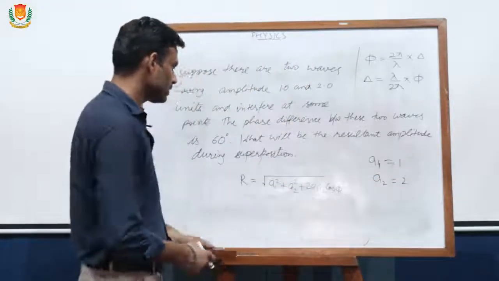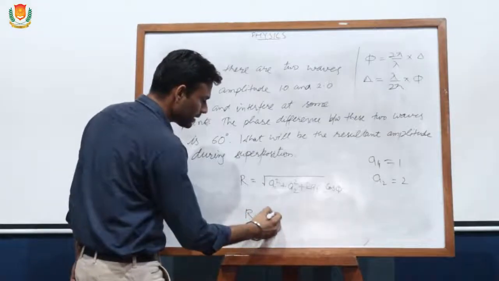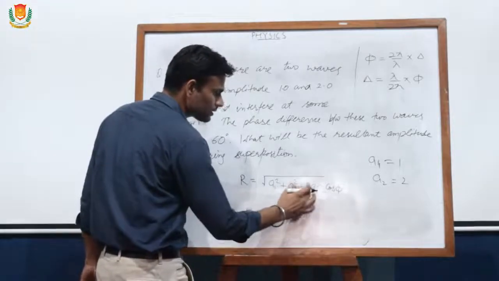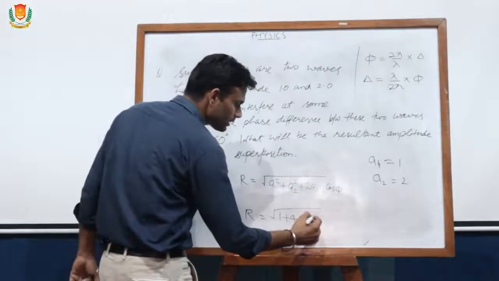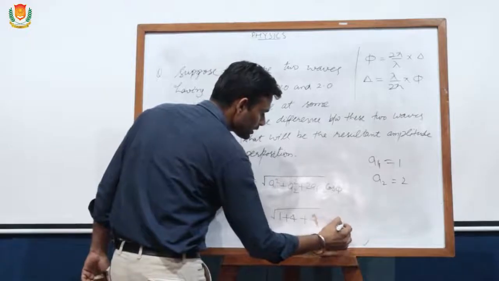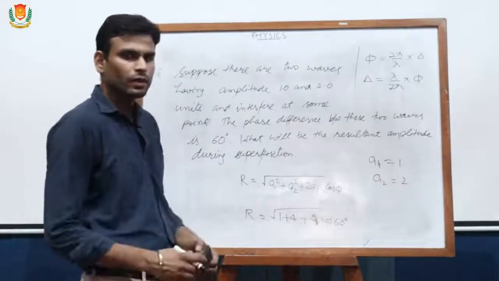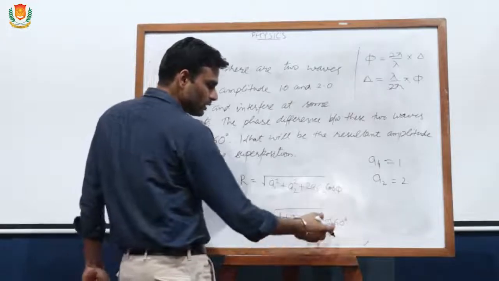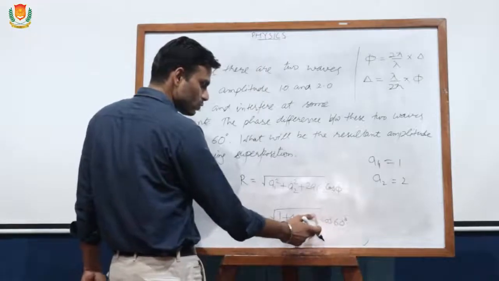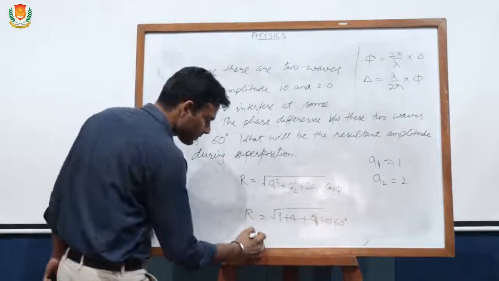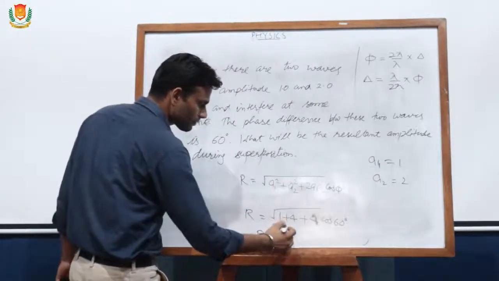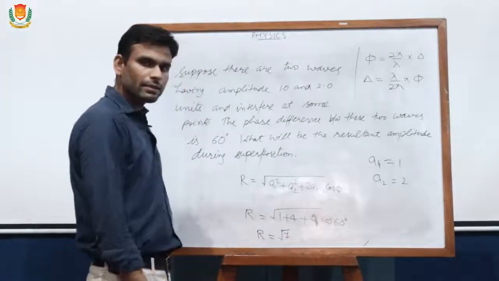Then R will be square root of 1 square, 1, plus 2 square, 4, plus 2 into 1 into 2, that is 4, cos phi. Cos phi is cos 60 degrees. Cos 60 is 1 by 2. When we put cos 60 as 1 by 2, we get 2. So 2 plus 4 is 6, plus 1 is 7, square root of 7. This is the resultant amplitude in units.